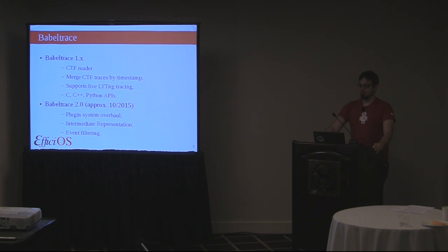Because currently, if you want to create a quote-unquote plugin, you actually need to put it into the BabbleTrace tree and be aware of all the plugins that are there. So now we're doing proper plugin support based on dlopen, so that external trees can implement their own plugin, and BabbleTrace could be told where to look for the plugin list, on the plugins that are available on the system, and it's going to consider them.